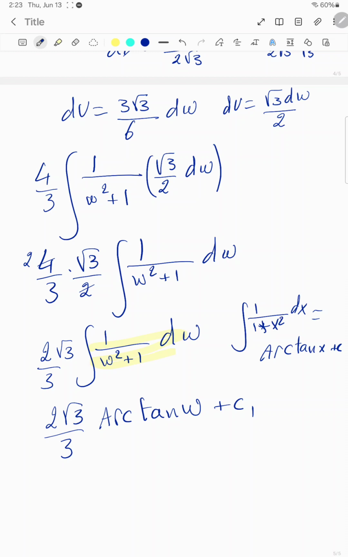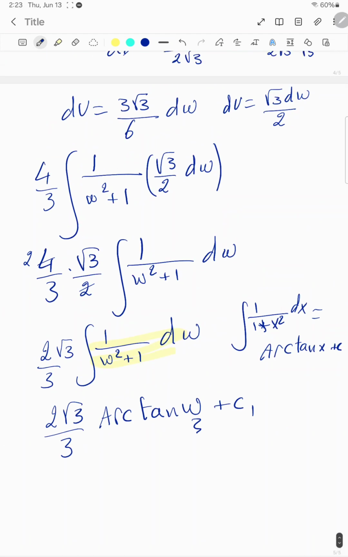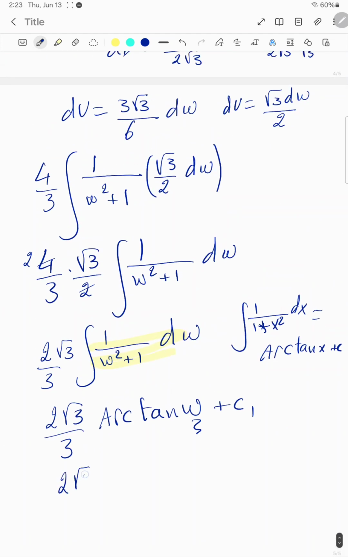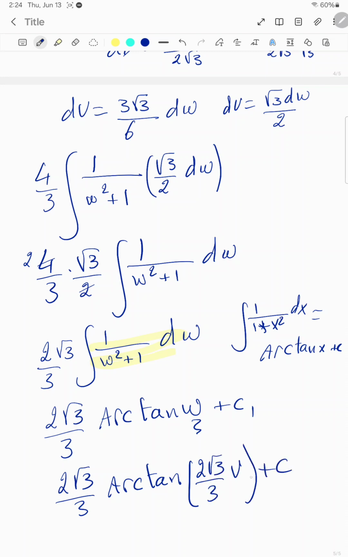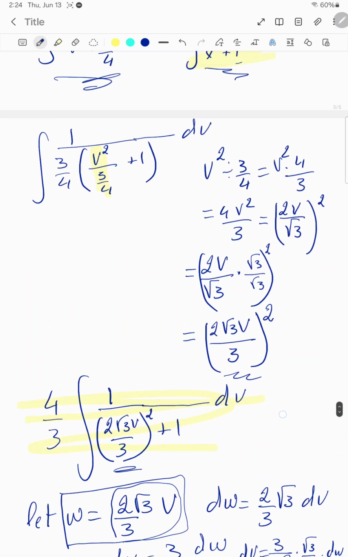I'm almost done. Now I have to replace w by its value, and we said w is equal to 2 square root of 3 divided by 3 v. So it becomes 2 square root of 3 divided by 3 arctan of 2 square root of 3 divided by 3 v, plus c, and I have to replace v by its value now.